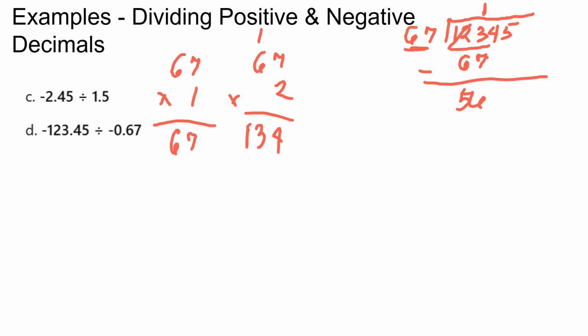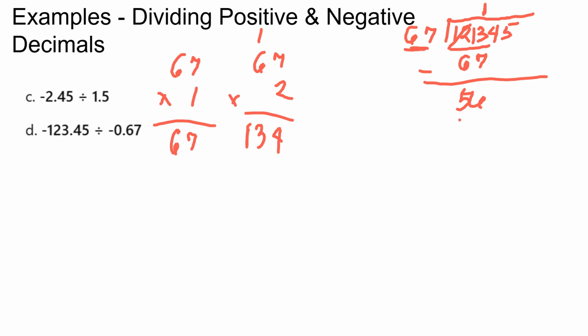We borrow one from the 2, so that will be 13. 13 minus 7 is 6. And then 11 minus 6 is 5. So we have 56.